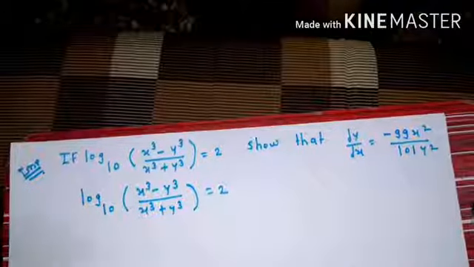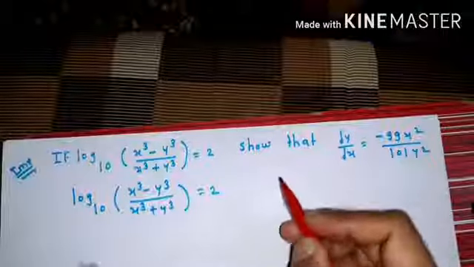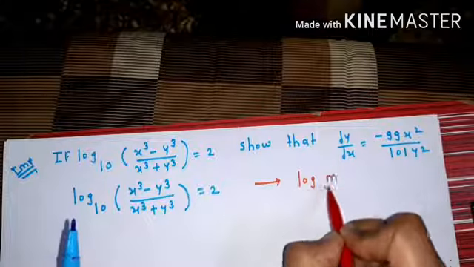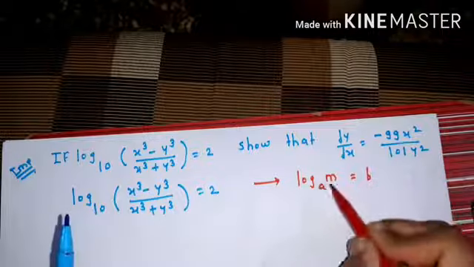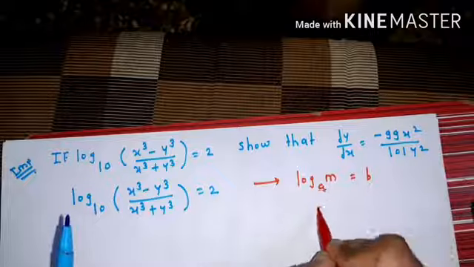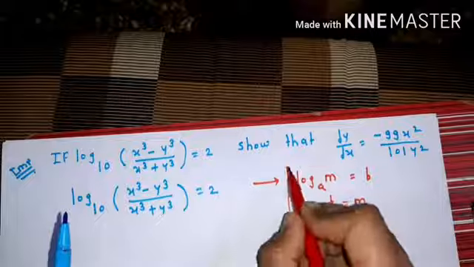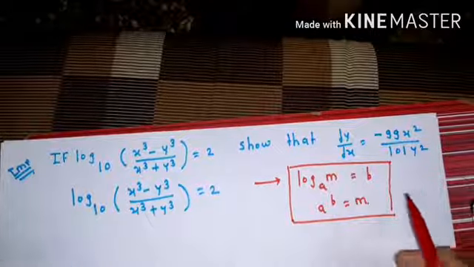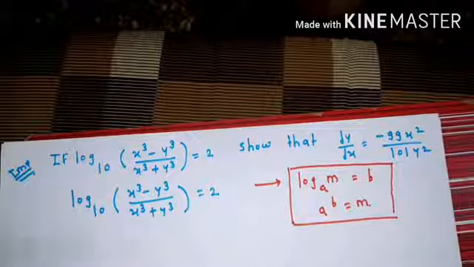Students, to simplify this problem, you need to know the definition of logarithm, that is, if log of m to the base a equal to b, then a raised to b equal to m.